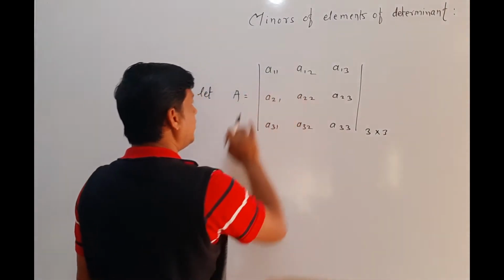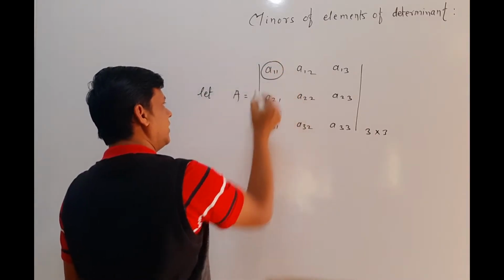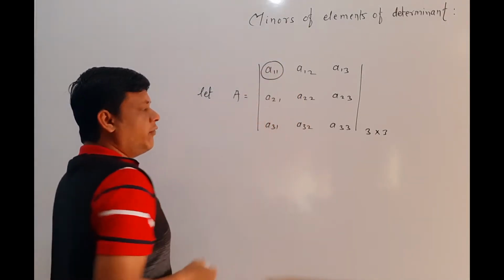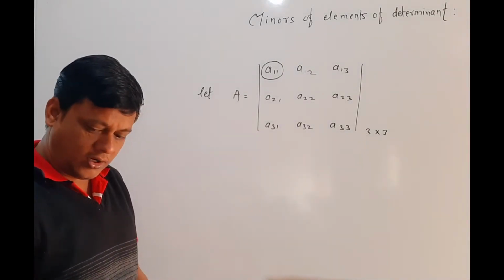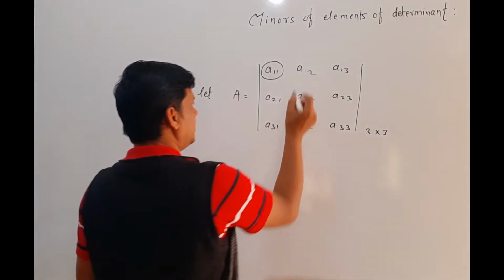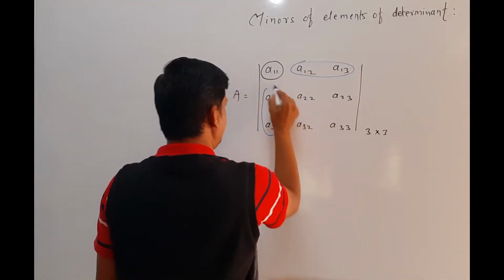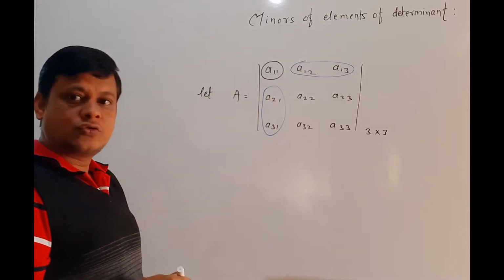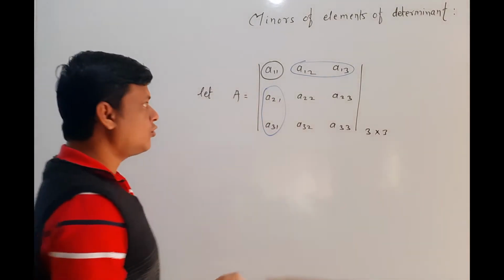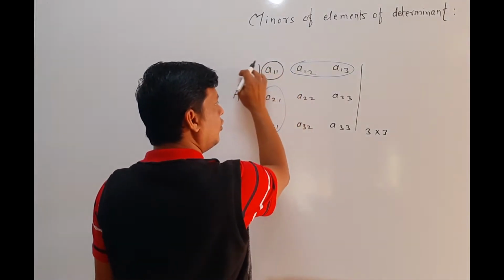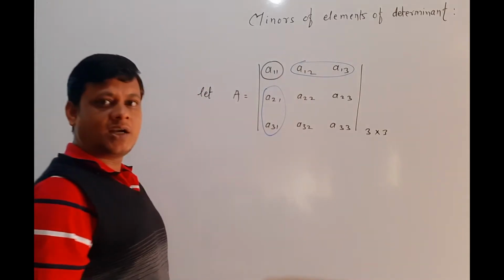So see how to calculate the minors. We have to calculate the minor of a11. This a11 lies in the first row and the first column. So while finding the minor of an element, we have to skip the row in which that element lies and the column in which that element lies.